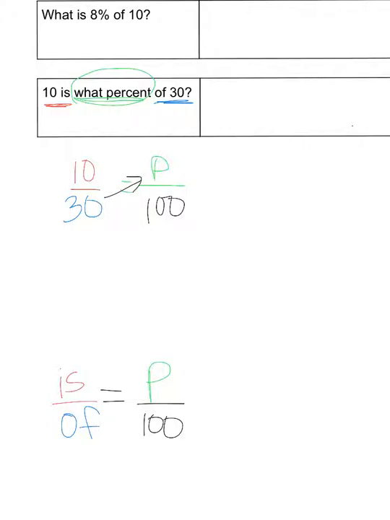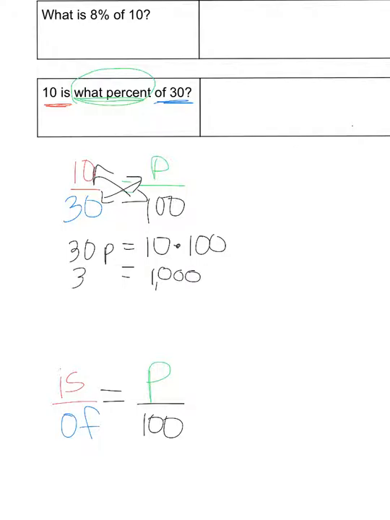So 30 times P is equal to 10 times 100. So 10 times 100 is equal to 1,000, all right?